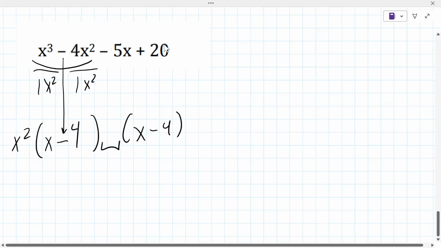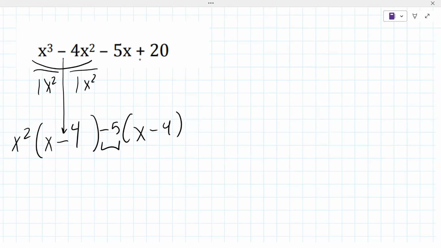How do you go from negative 4 to positive 20? What would you multiply by? 5 gets you to negative 20. We want to get to positive 20. So negative 5. Yes. And then you write x minus 4, x squared minus 5.